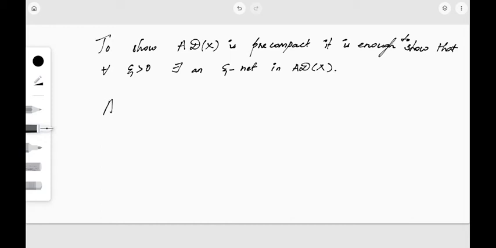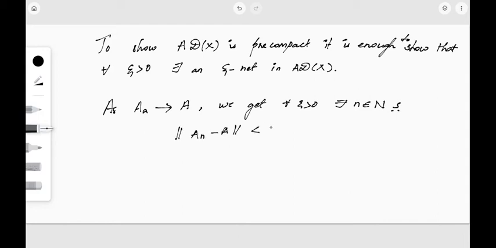Now as A_n is converging to A, we get for all epsilon greater than 0 there exists n belonging to capital N such that norm of A_n minus A is less than, say, epsilon by 2. Again, I am marking this as equation 1.